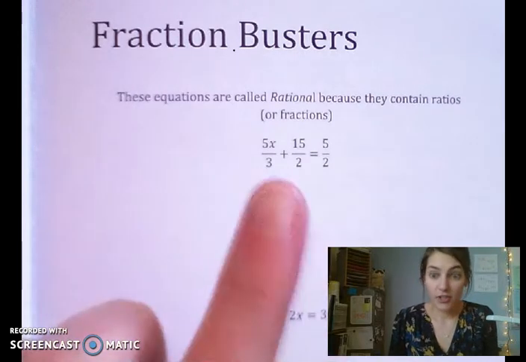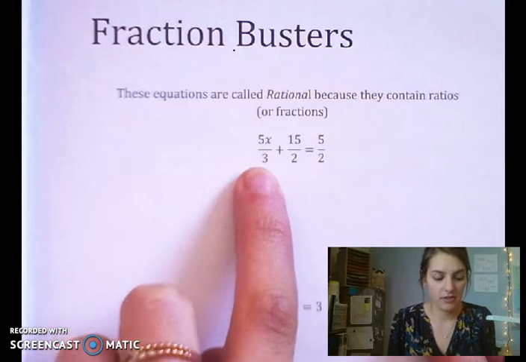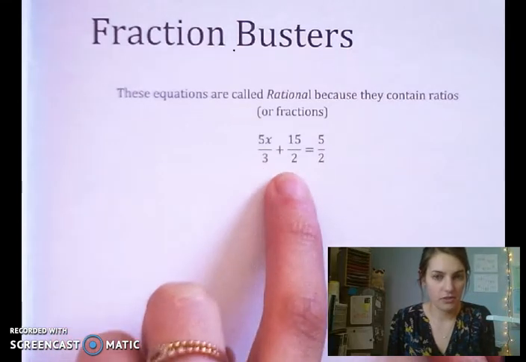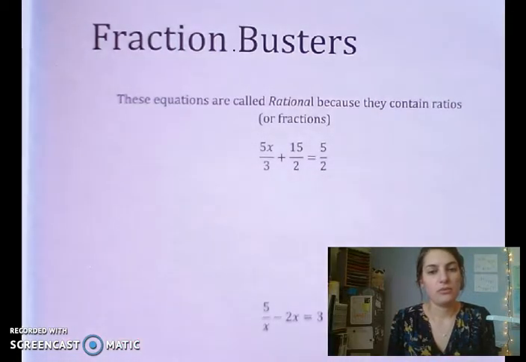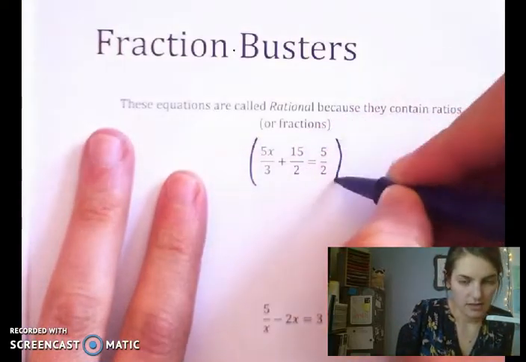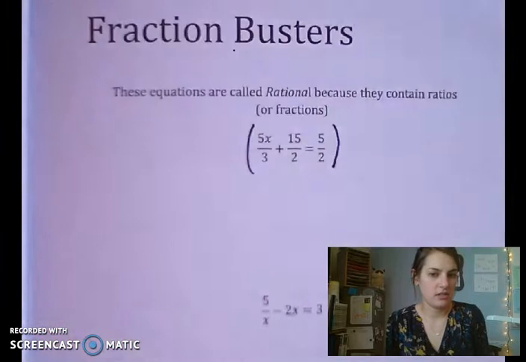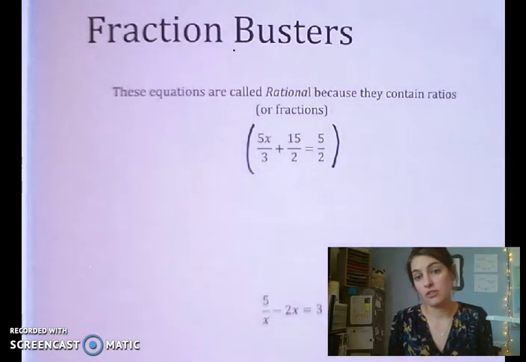So first example. Not so bad. We have a denominator of 3 here, and we have a denominator of 2 on both of these. So we want to multiply the entire equation by 3 first, and then 2 second.